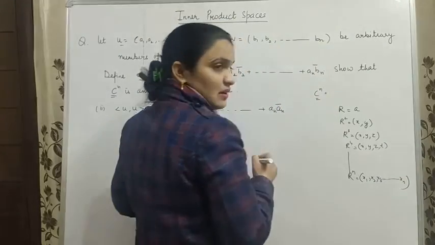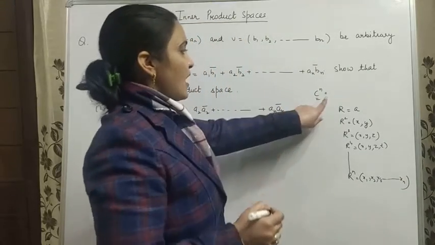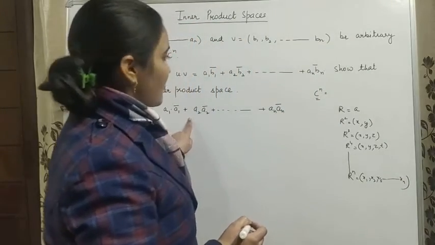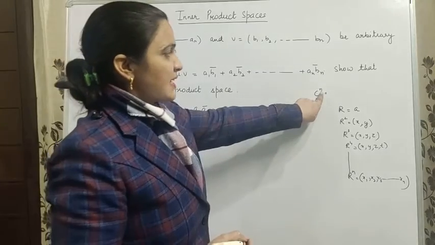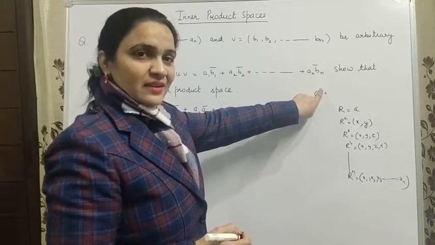Similarly for complex numbers. Clear? So Cn यहाँ पे आपके पास complex number में आप work कर रहे हो n tuples, and raised to power n means the n tuples.